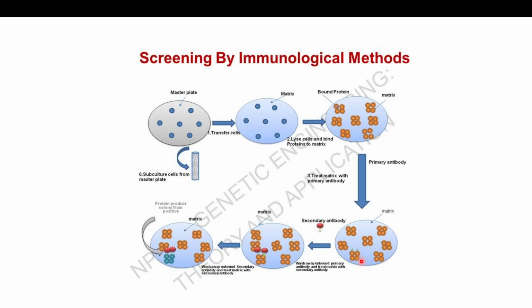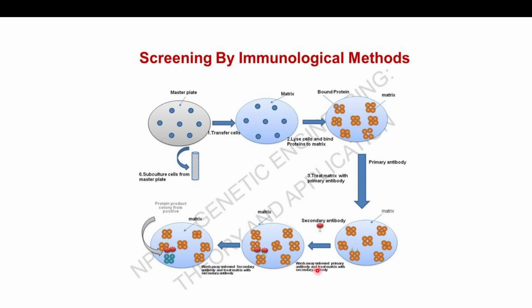Then we treat it again with secondary antibody, which is specific to the primary antibodies, not to the proteins of our interest. Primary antibodies will specifically bind to the proteins of our interest, and secondary antibody will be specific to the primary antibody that we have added. Again, there are wash steps in between, which are always to wash away any non-specifically bound proteins or antibodies.